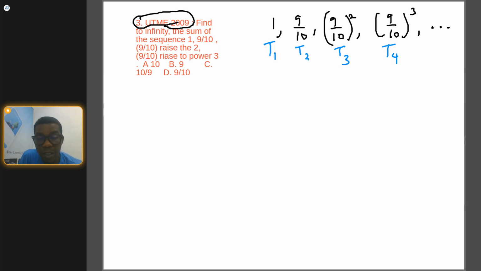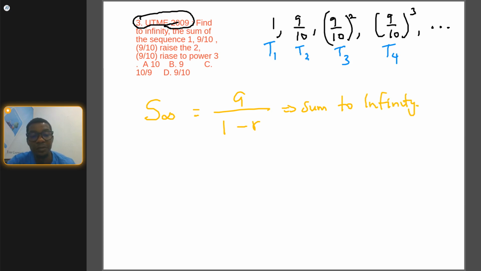Sum to infinity is equal to A over 1 minus R. So in this question, I need to get letter A and letter R from the given information.